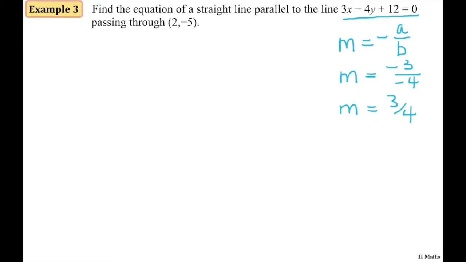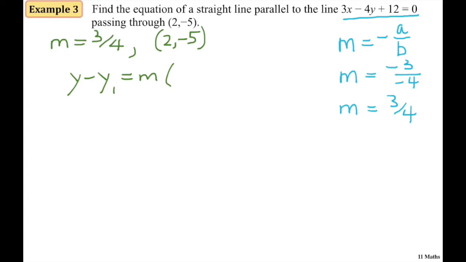That means now I can find the equation of the line, because I have a gradient of 3/4 and it passes through the point (2, -5). So let's use our formula: y - y1 = m(x - x1).